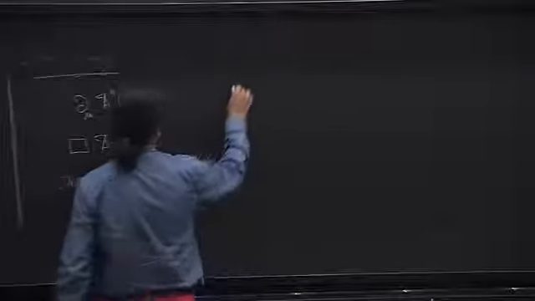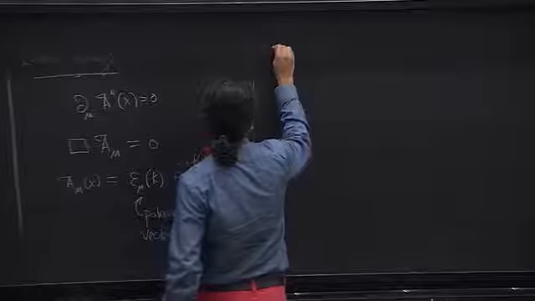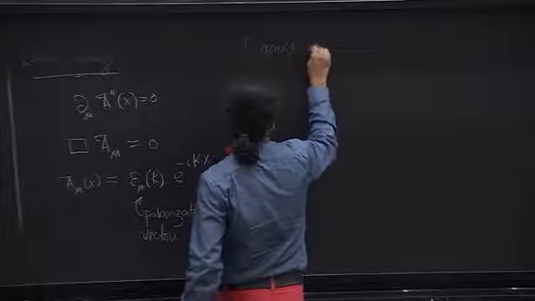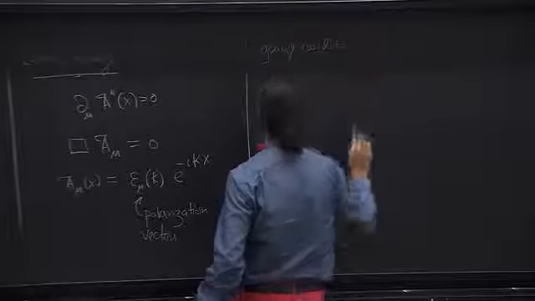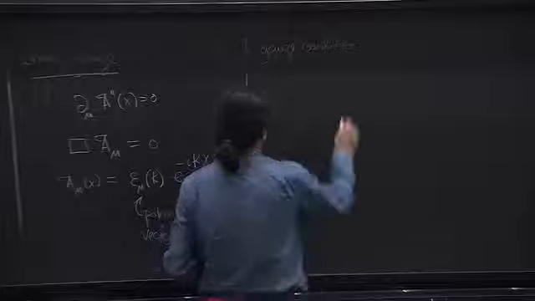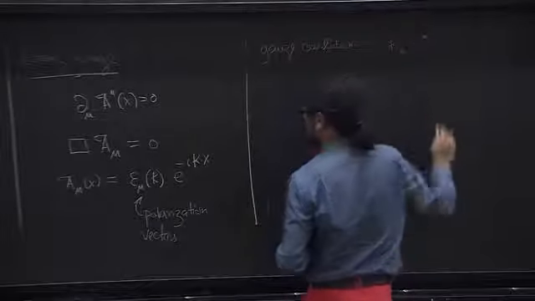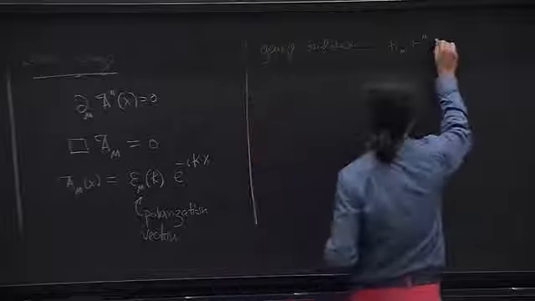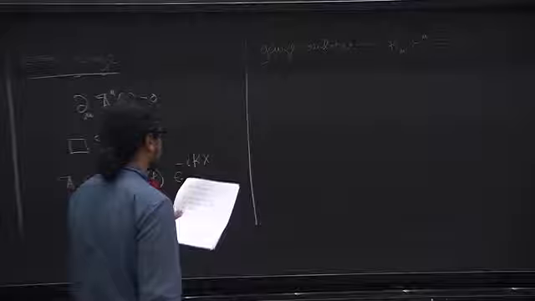Then our gauge condition says that if I plug this in, the polarization vectors and the momentum vector have to be orthogonal.